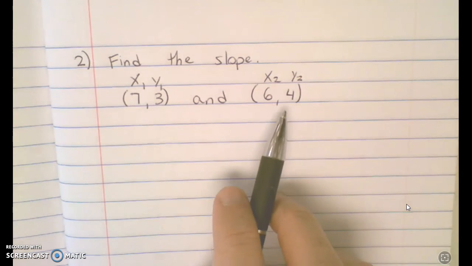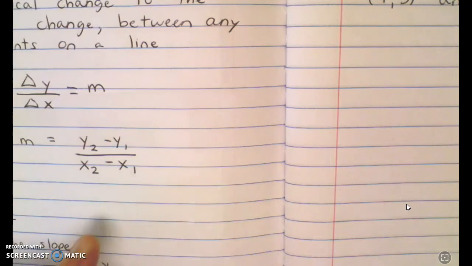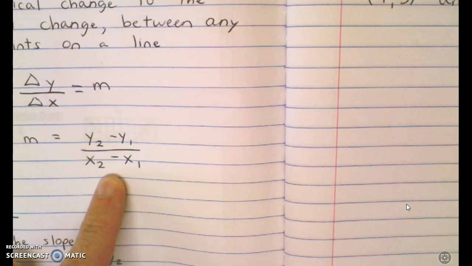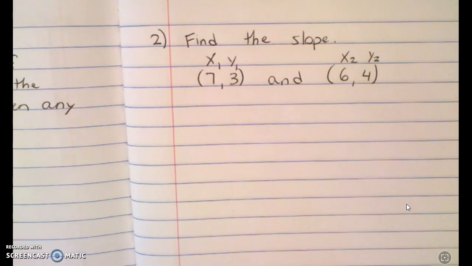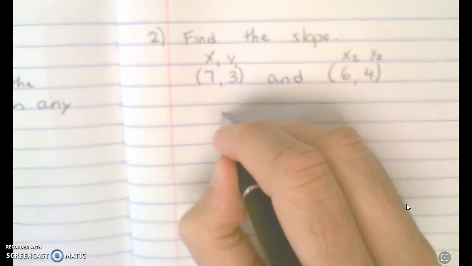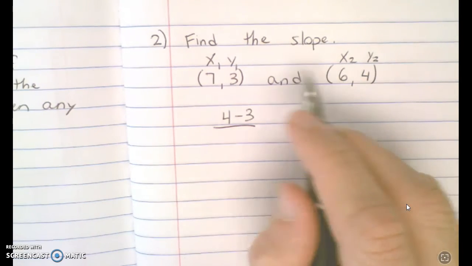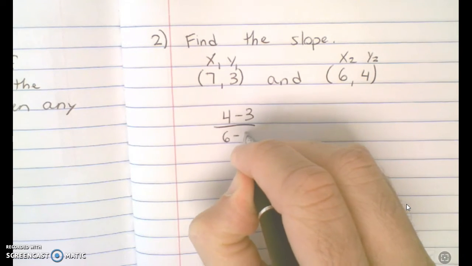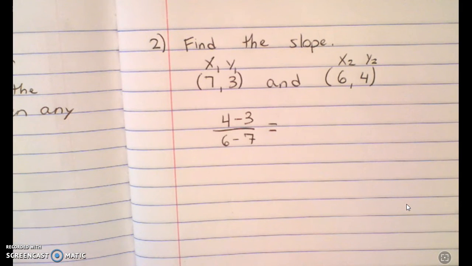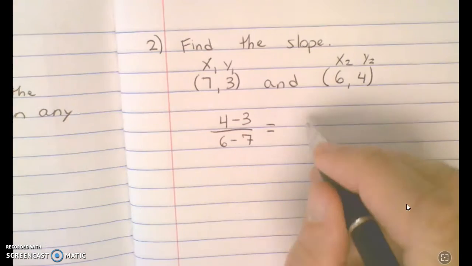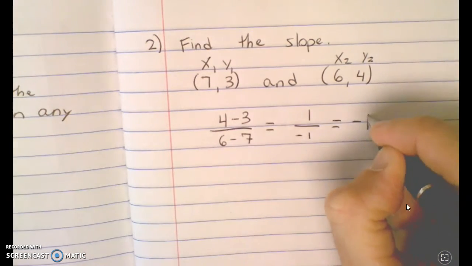And now I'm just going to do my formula. Here's my formula, y2 minus y1 over x2 minus x1. I'm taking my y2 value, 4, minus my y1 value, 3, over my x2 value, 6, minus my x1 value, 7. So 4 minus 3 over 6 minus 7. So I've got 1 over negative 1. This simplifies to negative 1.